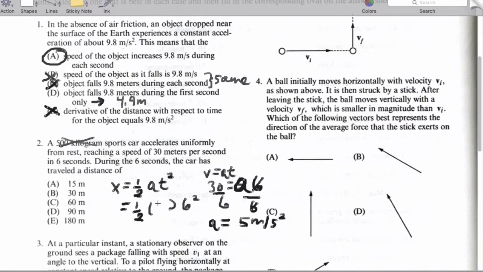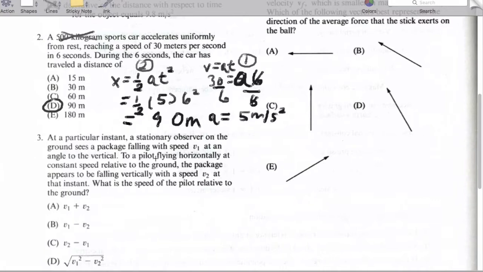And so that will go right here. And that'll give us a distance of 90 meters traveled. So I did this first, and then I did this second. All right.